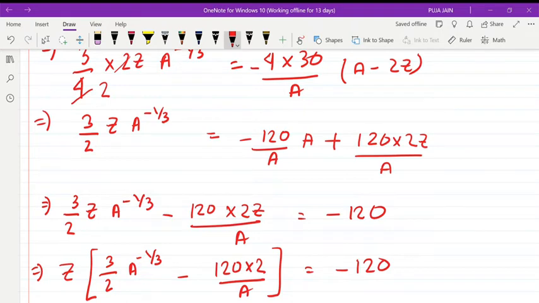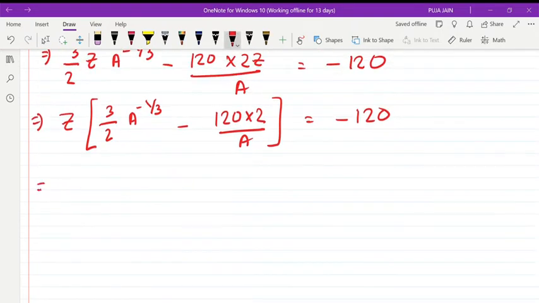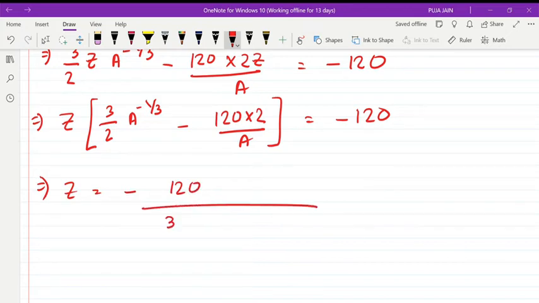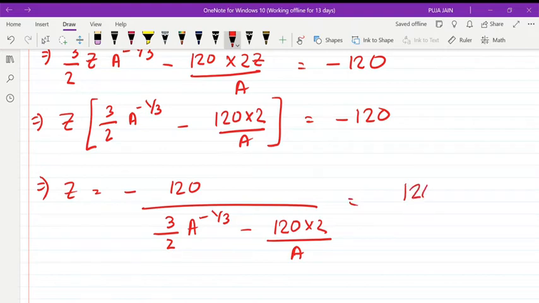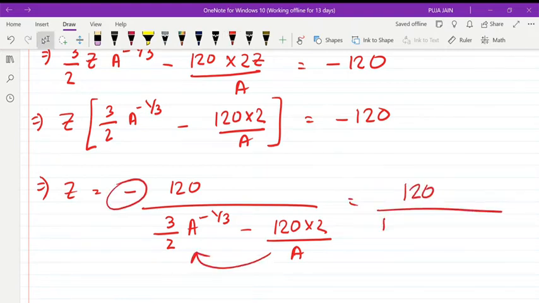Okay, so Z is equal to minus 120 divided by (3 by 2 A to the power minus 1/3 minus 120 into 2 by A). So this is 120. I am just balancing this negative sign, which I am writing here. So 120 into 2 by A minus 3 by 2 A to the power minus 1/3.